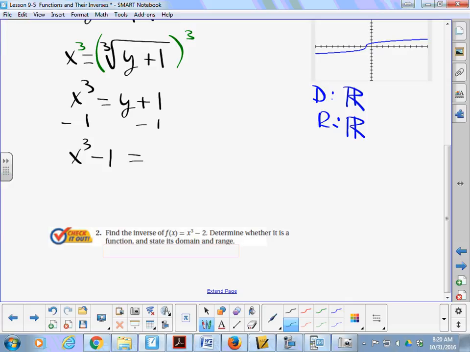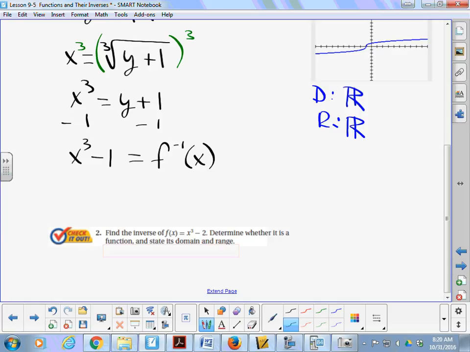Now, how do I write it when the inverse is a function? All right, we're not going to put y equals, we're going to put f inverse of x. Remember, put that little negative 1 up there.